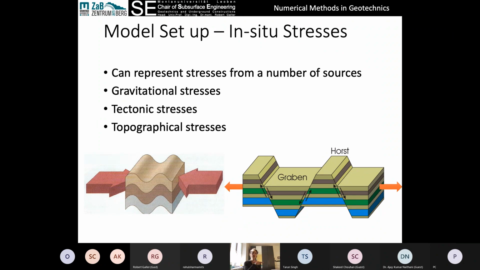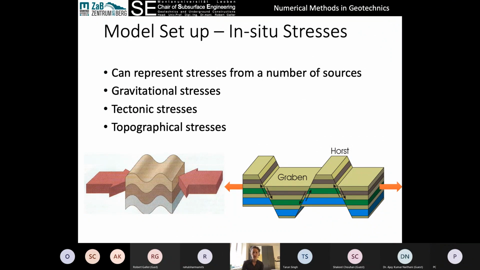So a tunnel punching through the shoulder of a mountain will not have the sigma 1 perfectly vertical. It'll be a little bit tilted. And that can be important for where our failure occurs, where our highest deformations occur, and how we have to create our design. So getting a good idea of what the stress conditions are, and not just using the weight of the overburden, is really important, especially in more complex terrain.